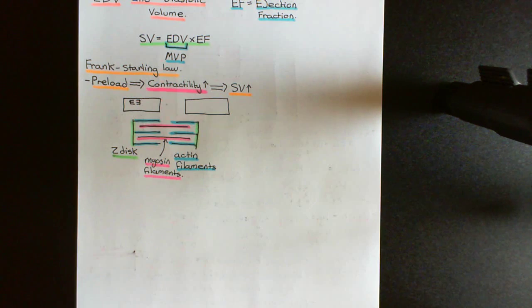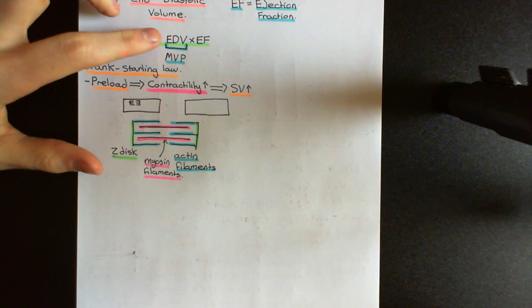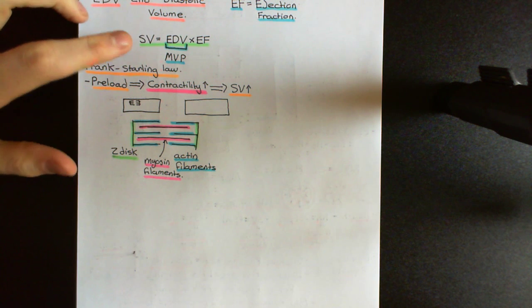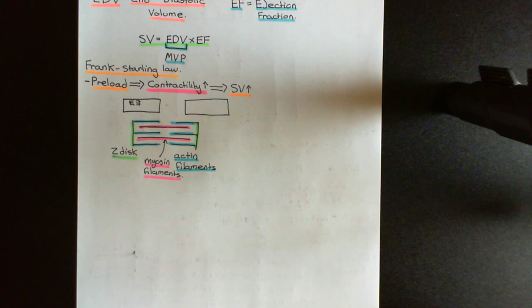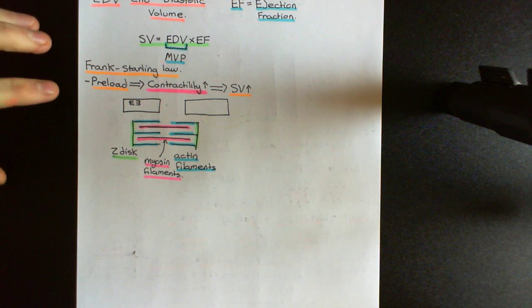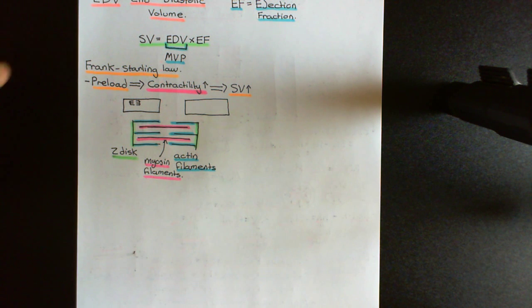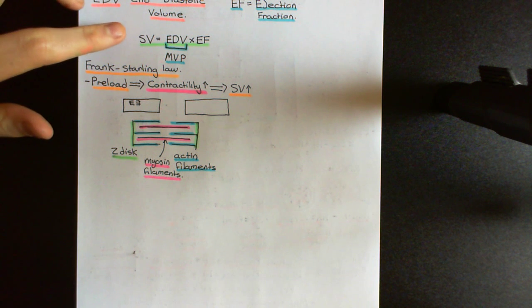So increasing mean venous pressure does increase the stroke volume. And contrarily, decreasing the mean venous pressure does decrease the stroke volume. So that's how the mean venous pressure can change the stroke volume.